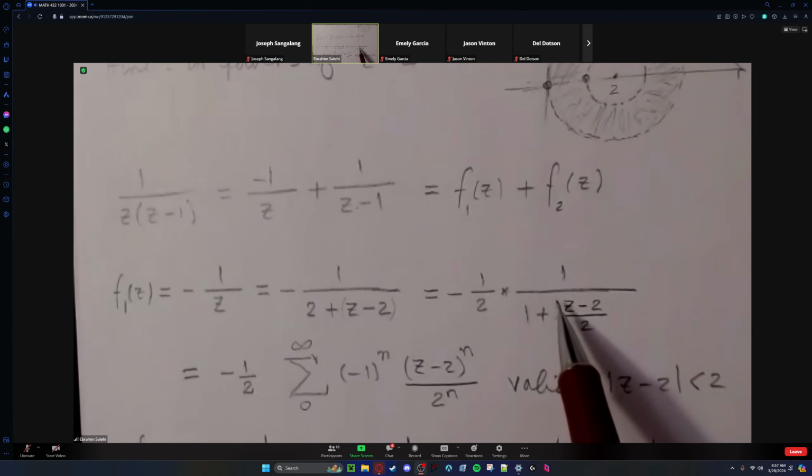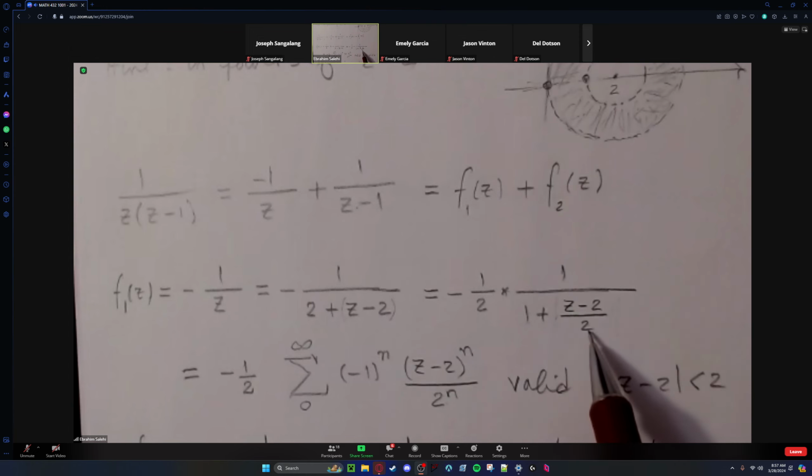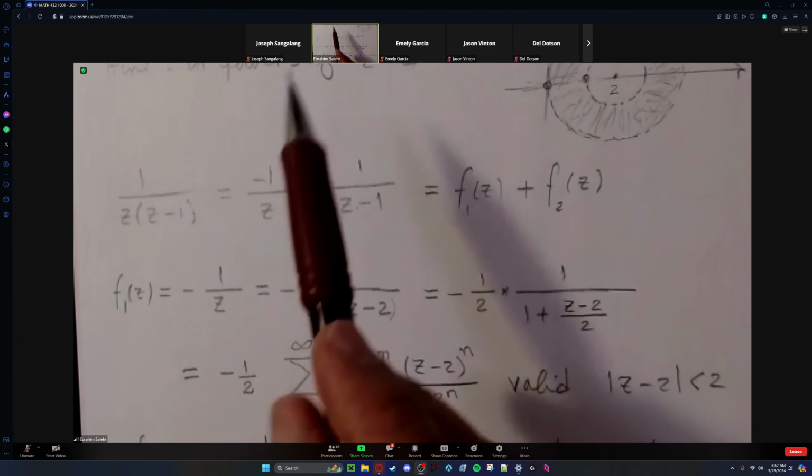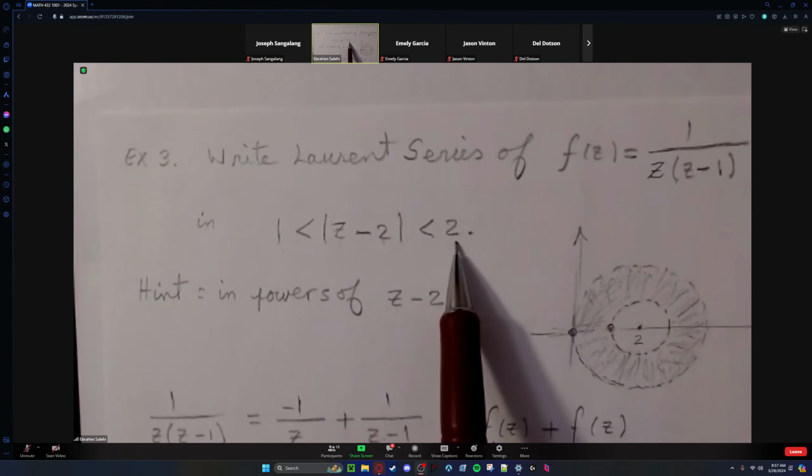Do I need the modulus of this to be less than 1? Oh, look, if the modulus of this is less than 1, z minus 2 will be less than 2. Yeah, that's what I want. Less than 2. Oh, be careful.